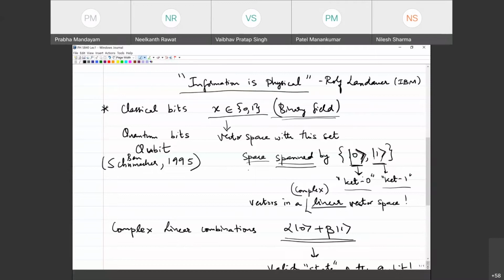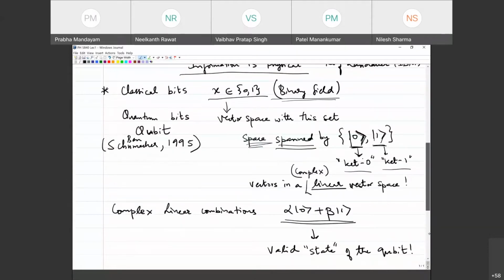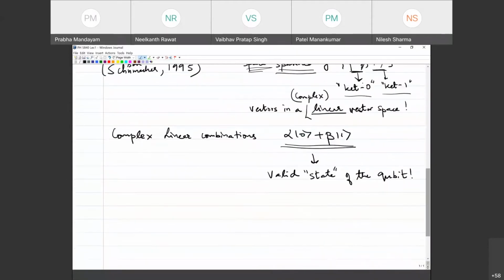This is a space comprised of linear combinations of 0 and 1. So I now have an object which is not binary valued, but is actually a vector in a two-dimensional vector space.